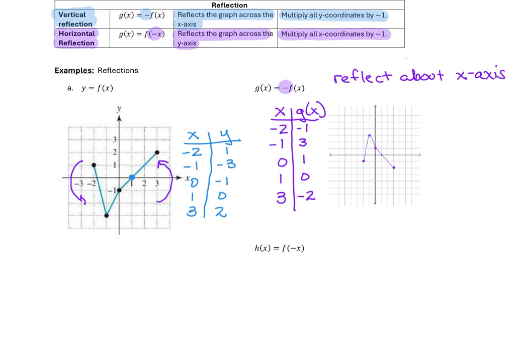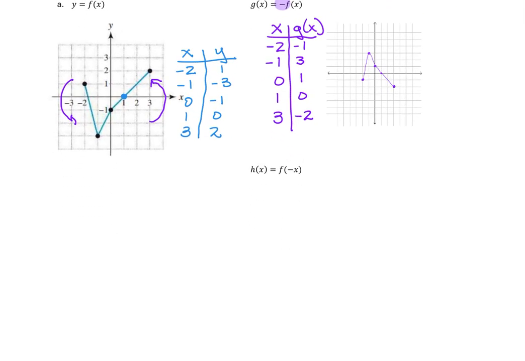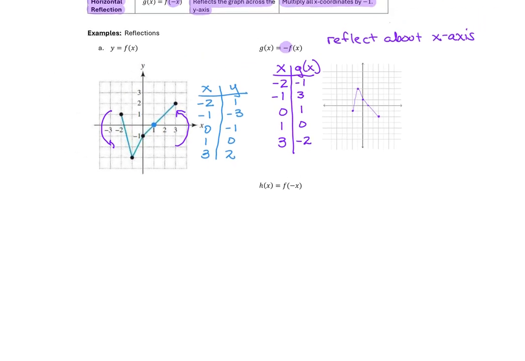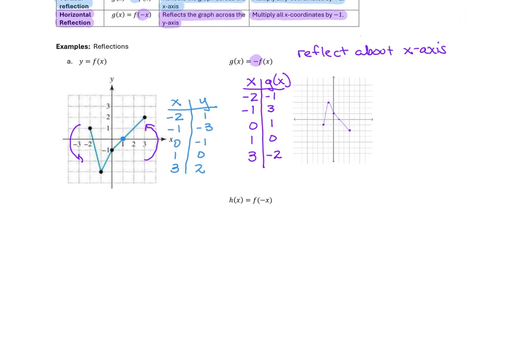All right, let's go ahead and look at the second one. For the second one, we want to do h of x equals f of negative x. And for this one, we have our negative on the inside, which means that I want to change my x coordinates.